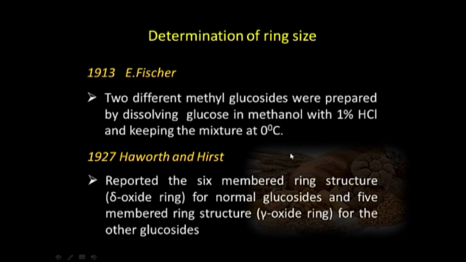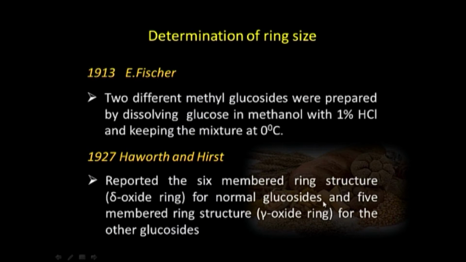Now, how to assign these things? Obviously, it was said that there is a difference in the ring size probably, and then again each is alpha and beta anomer. The problem of the ring size was solved by Haworth and Hirst in 1927, and they reported a 6-membered ring structure, or the pyranose ring structure, for the normal glucosides.